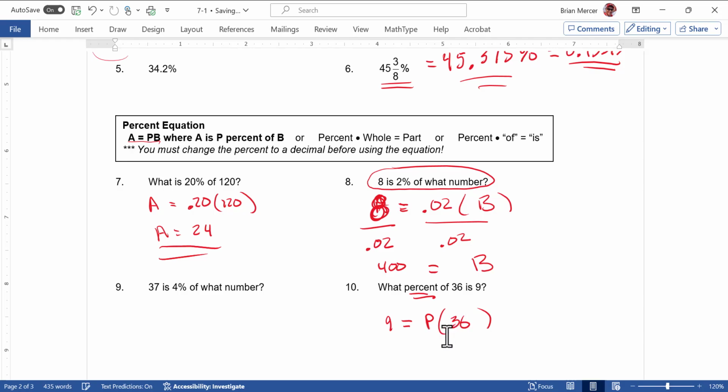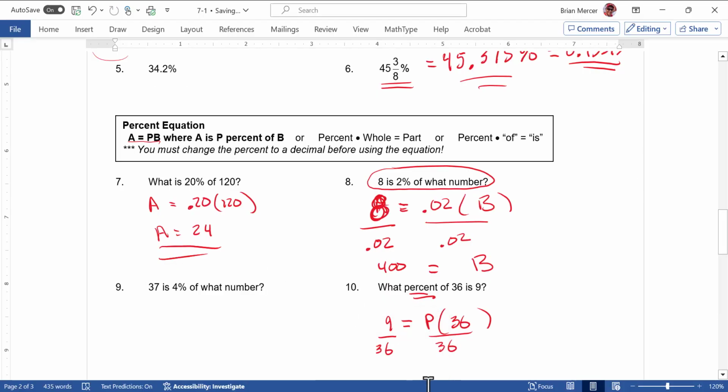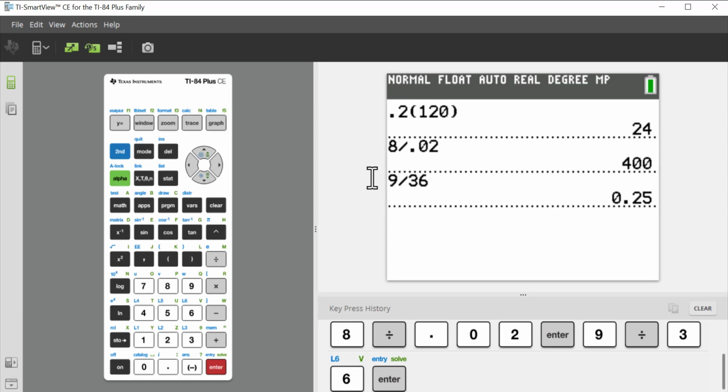And so now to get P by itself, we divide by 36 and divide by 36. So you get that 9 over 36. And hopefully we recognize that. I'll show you on the calculator anyway, that 9 divided by 36 is 1/4.